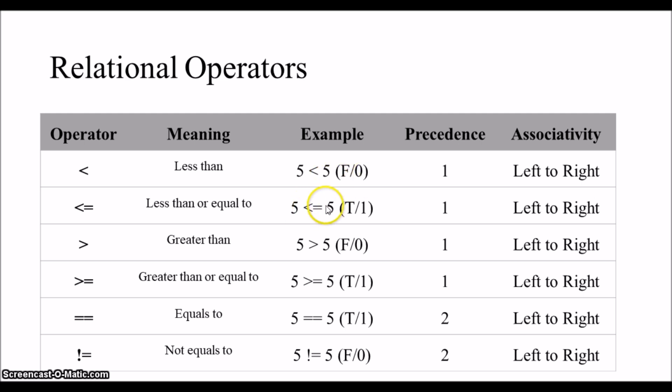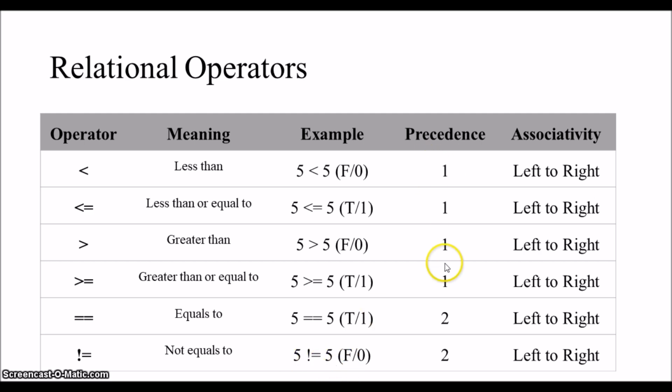Less than or equal to checks whether the left hand side operand is less than or equal to the right hand side operand. So 5 less than or equal to 5 is true. 5 greater than 5 is false, whereas 5 greater than or equal to 5 is true. 5 equals to 5, here it is two equals to symbols, and the exclamation equal to symbol indicates not equals to. So 5 not equal to 5 is false.